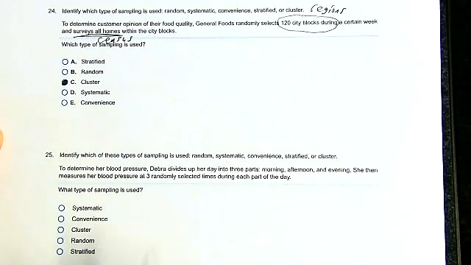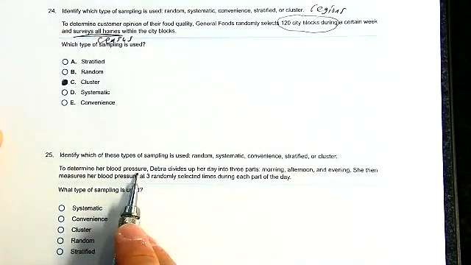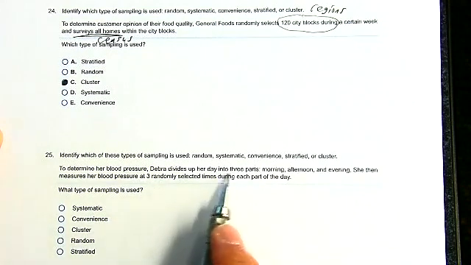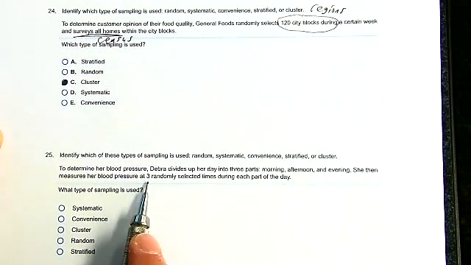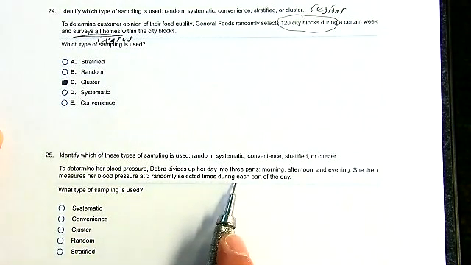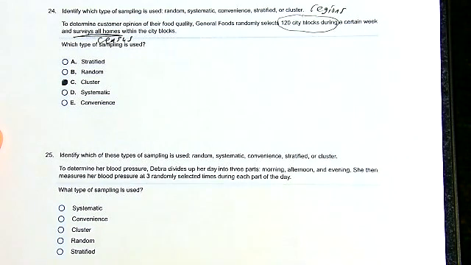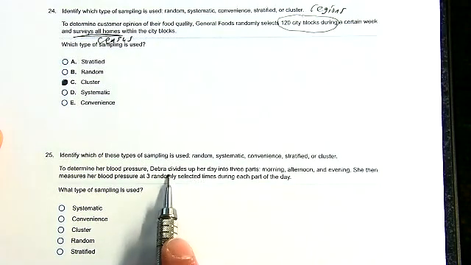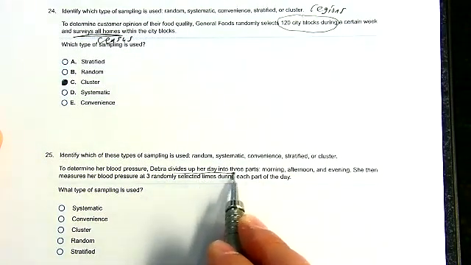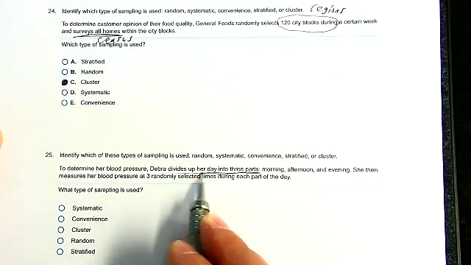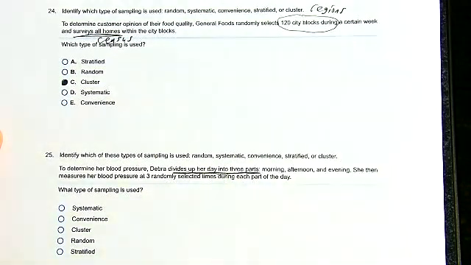Okay, 25. To determine her blood pressure, Deborah divides up her day into 3 parts, morning, afternoon, and evening. She then measures her blood pressure at 3 randomly selected times during each part of the day. So Deborah's dividing her day into separate categories.